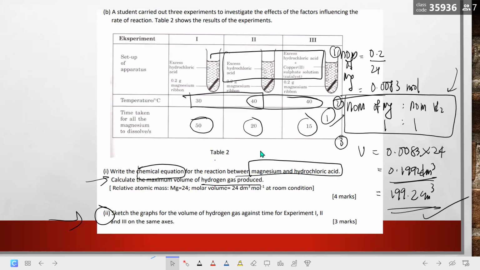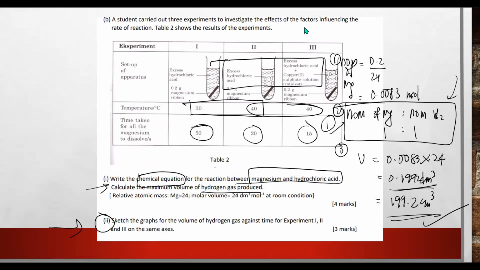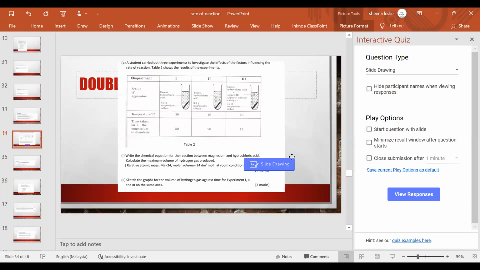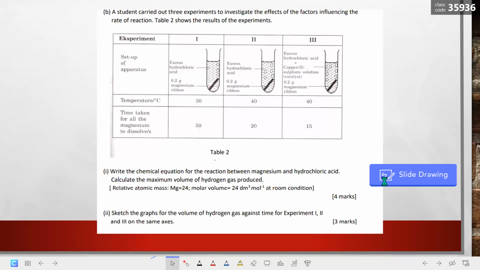Wait, oh, I think I know why. Give me 1 minute. The teacher forgot to put a slide drawing here. Okay, let me see if it works now. Now, try and see, does it work this time?